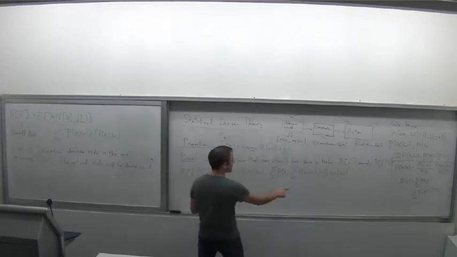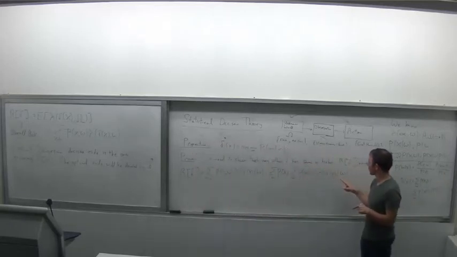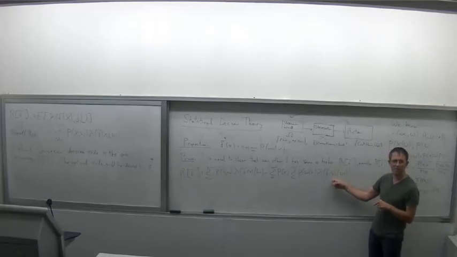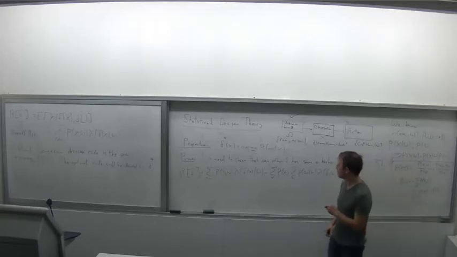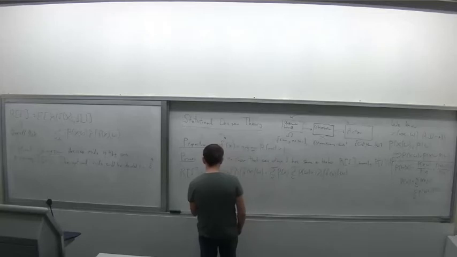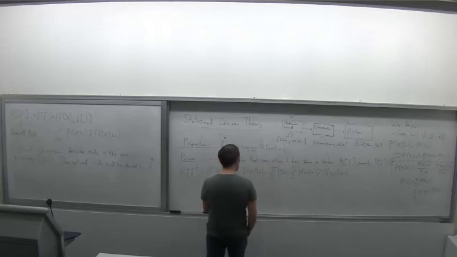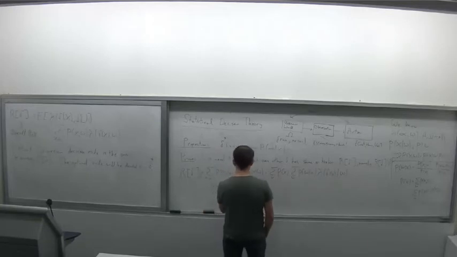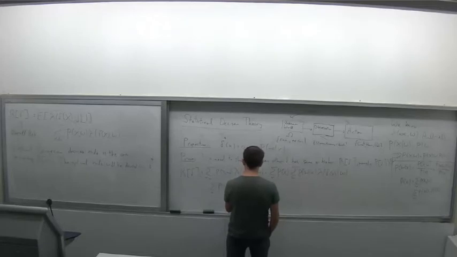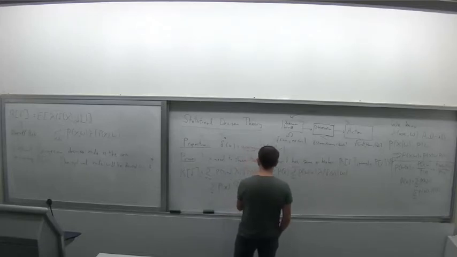Okay, what is this thing? So this is sum over x, p of x, and this is the R of delta x given omega, right?